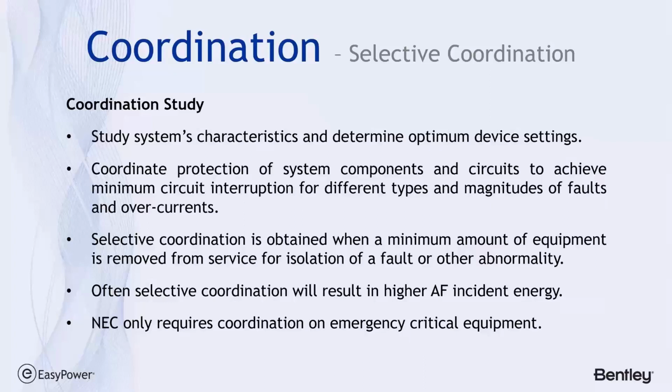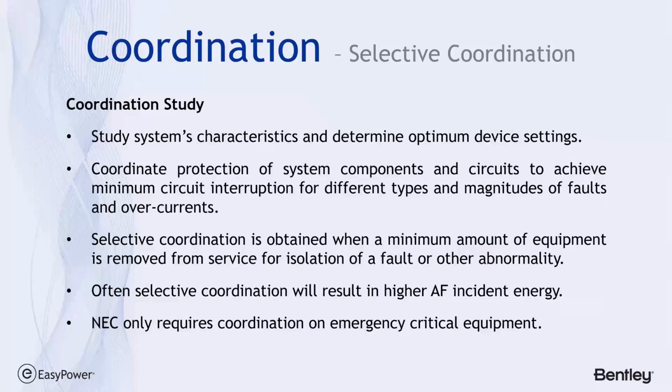Interestingly, selective coordination will frequently result in higher arc flash incident energy, because what we're doing is slowing down the protective devices at the upper end of the system, versus the protective devices nearest to the load.